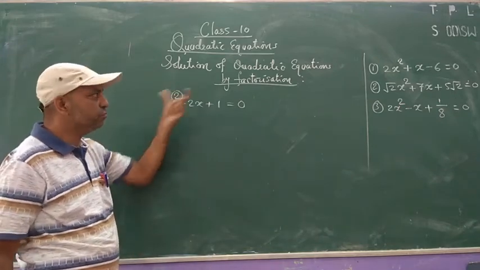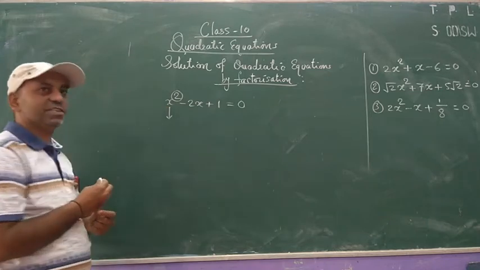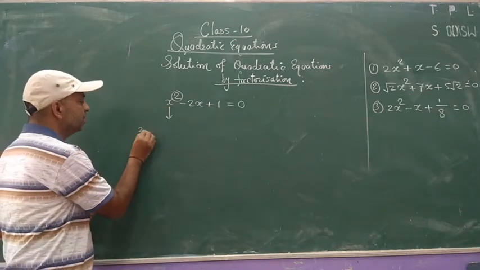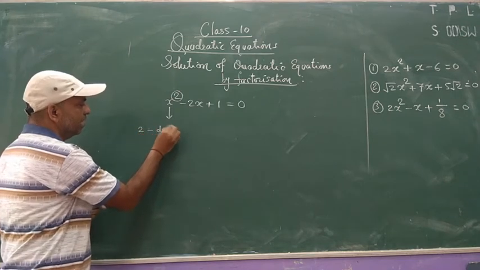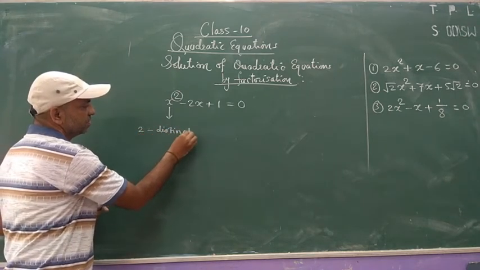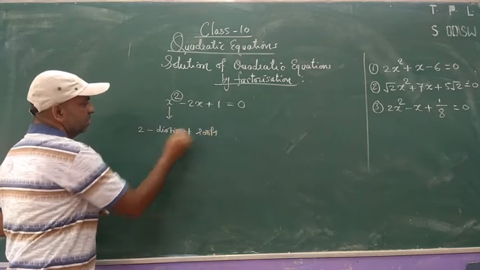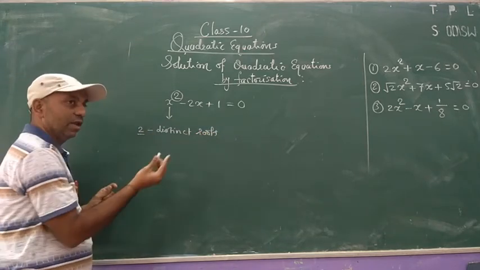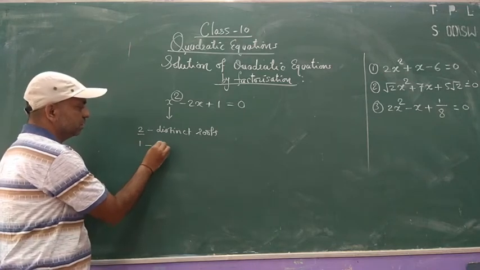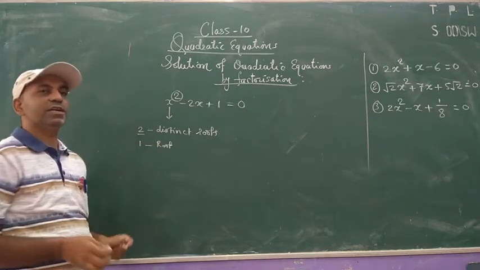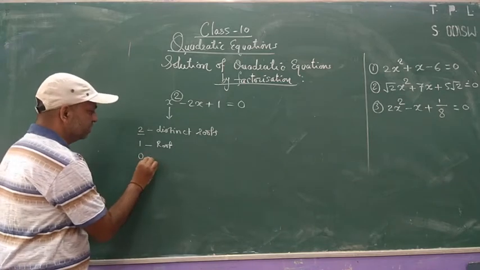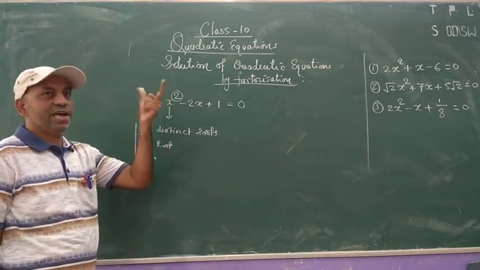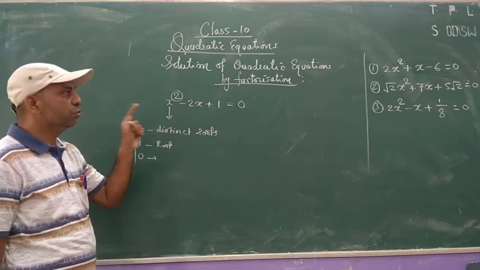So at most two roots means some quadratic equation may have two distinct roots, some have both roots equal, means one root, and some quadratic equation have no roots. So therefore we see that quadratic equation has at most two roots.